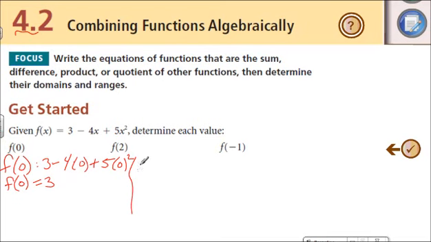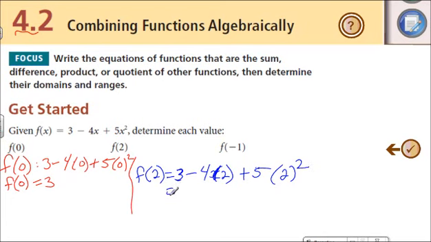What happens at f at 2? So again, wherever you see an x, put the 2. 3 minus 4 times 2, there we go, plus 5 times 2 squared.